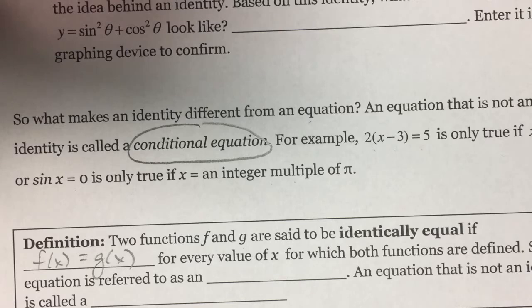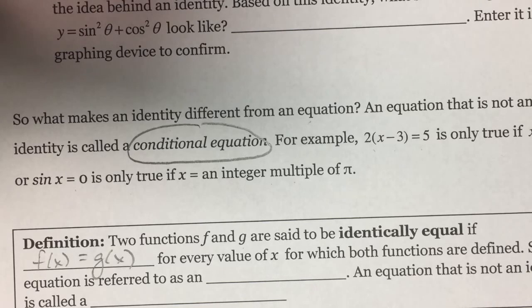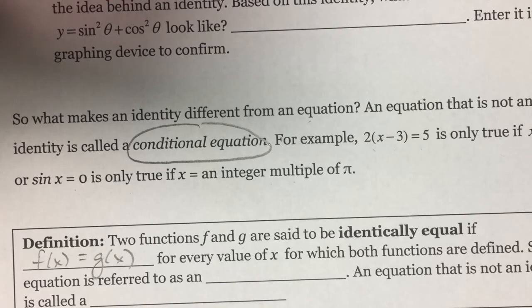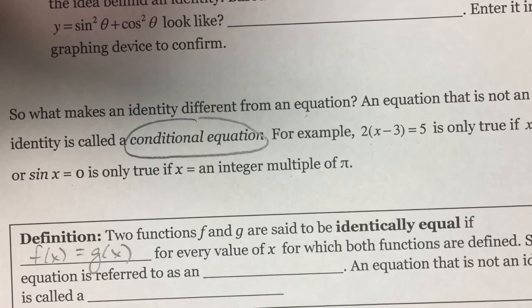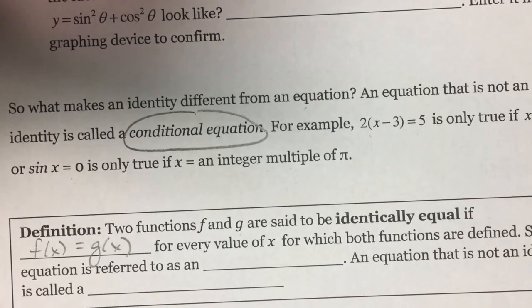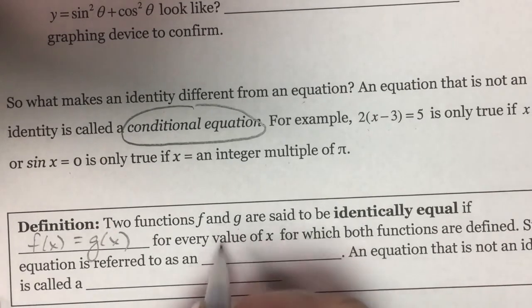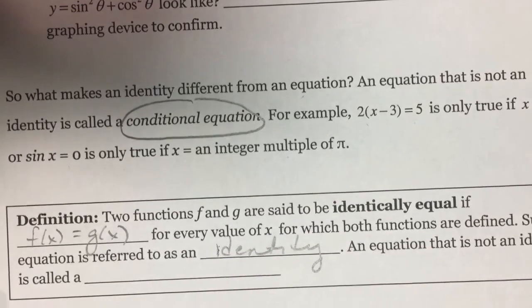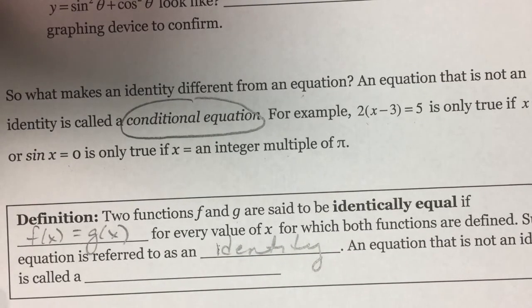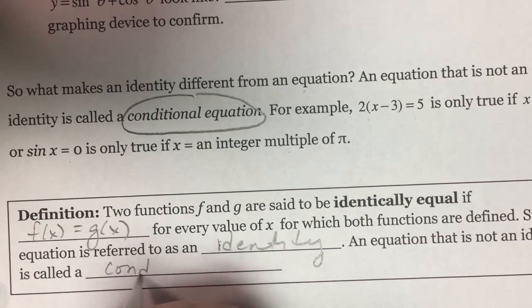So conditional equations are only true under certain conditions, under certain x's, whereas two functions are equal if for every x, f and g mean the same thing. For every x for which both functions are defined, such an equation is referred to as an identity. And an equation that is not an identity is called a conditional equation.